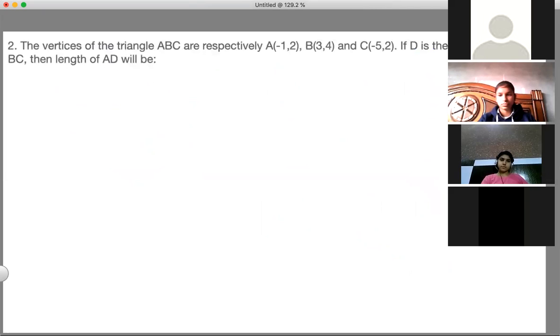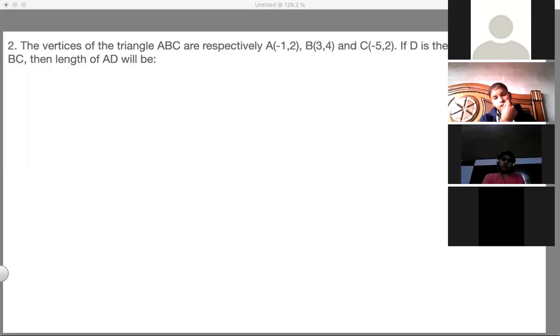Okay, let's do the next question. The vertices of the triangle ABC are respectively given. If D is the midpoint of BC, find length AD. So this is not included in our syllabus. What is not included? The area of triangle. We don't have to find the area.